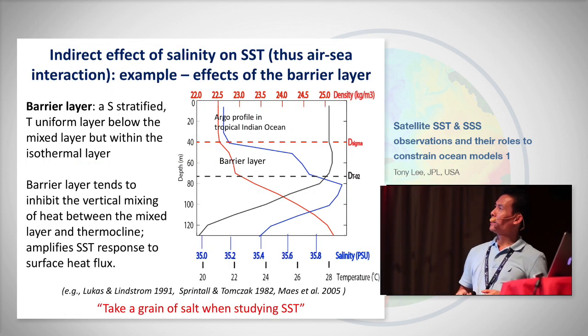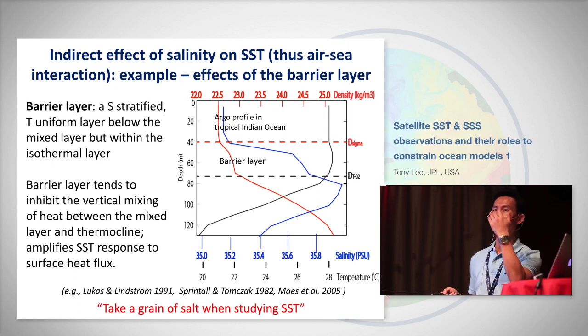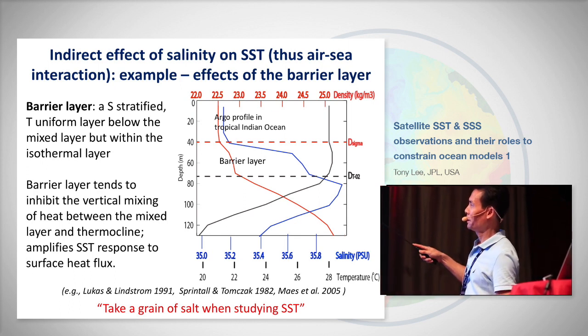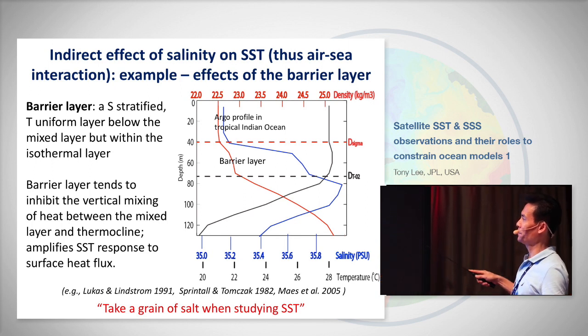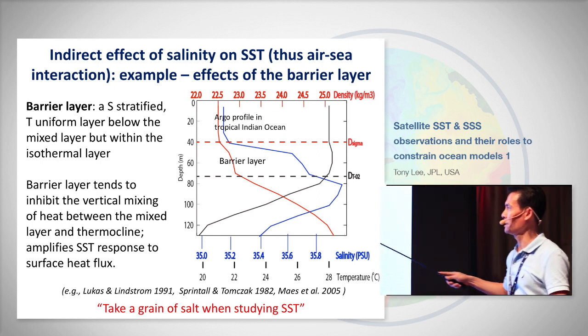Now, I mentioned that salinity can indirectly affect sea surface temperature, right? So that's through the effect of near-surface stratification. Here's an example of the time mean vertical temperature gradient. Here's the mixed layer, here's the isothermal layer where you have a near uniform temperature, and here is the salinity profile.